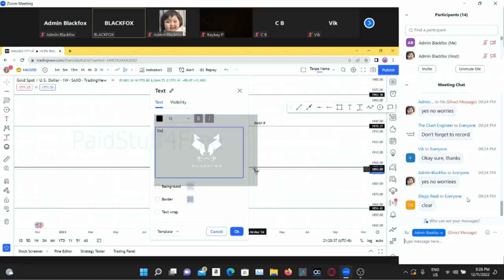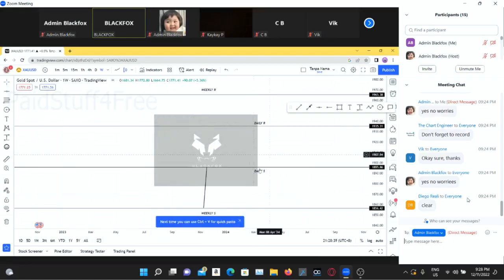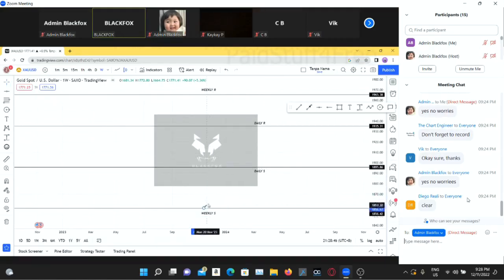This one is daily support. So weekly has a storyline, daily also has a storyline. When the price goes from support and rejects at this roadblock, daily resistance, the price will come to daily support. If the price respects daily support, then the price goes to find daily resistance again.